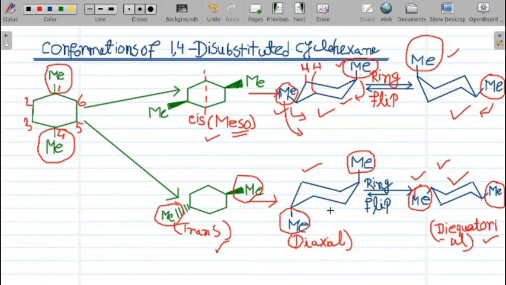So in the equilibrium, more of the di-equatorial conformer is present than the diaxial conformer, in the trans isomer of 1,4-dimethylcyclohexane.